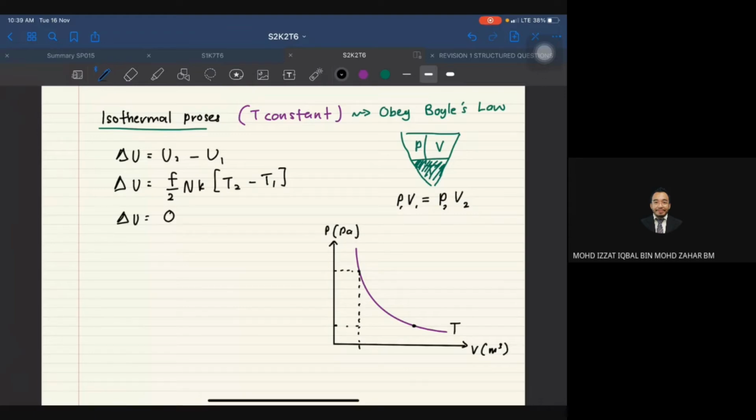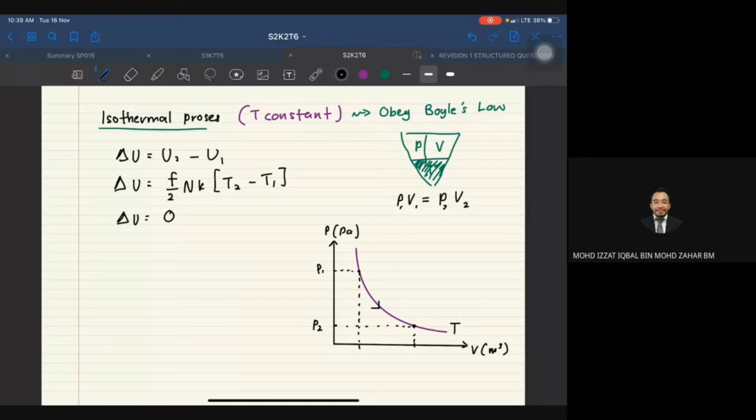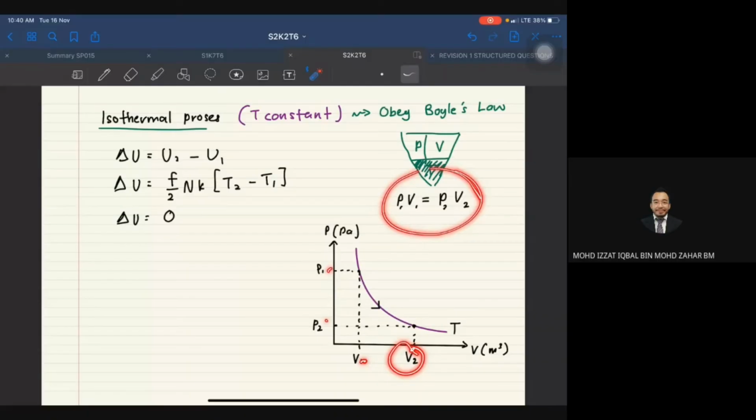So katakanlah proses sekarang isothermal process, bergerak daripada atas turun bawah, curve. So yang atas ni akan jadi P1. Your final position will be your P2. Similarly, this one is your V1 and this one is V2. Kadang-kadang dia suka cari final volume dekat sini. Dia kasih nilai ni, nilai ni, nilai ni. So you can use Boyle's law equation and then you can find the V2.